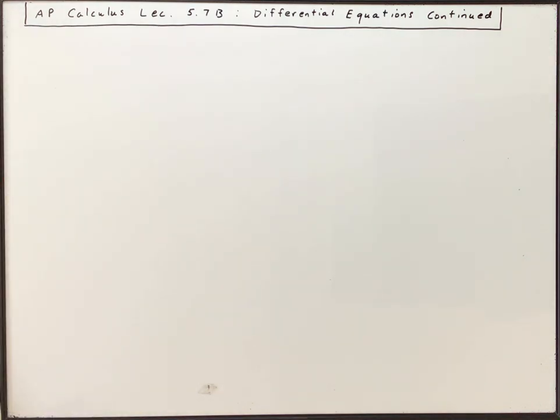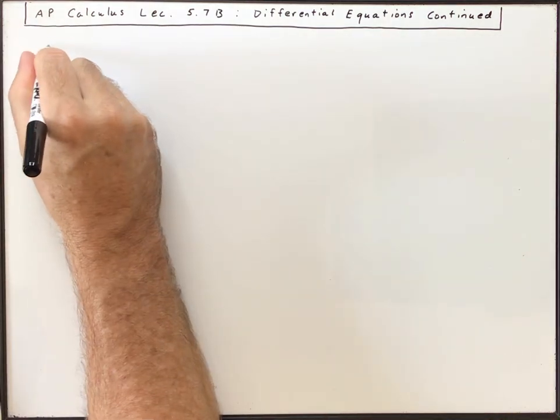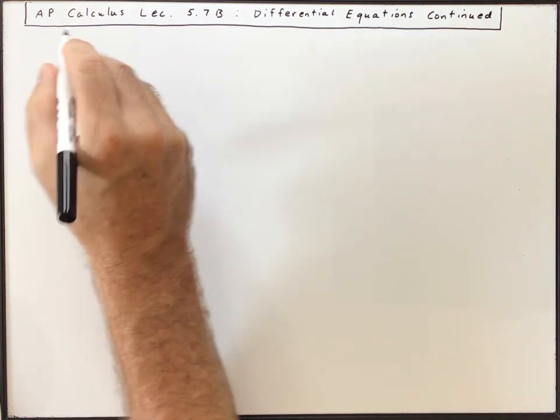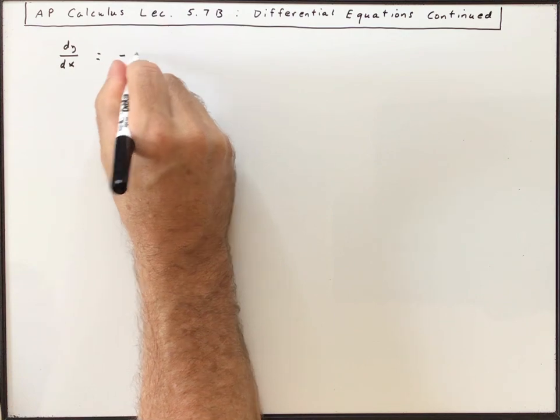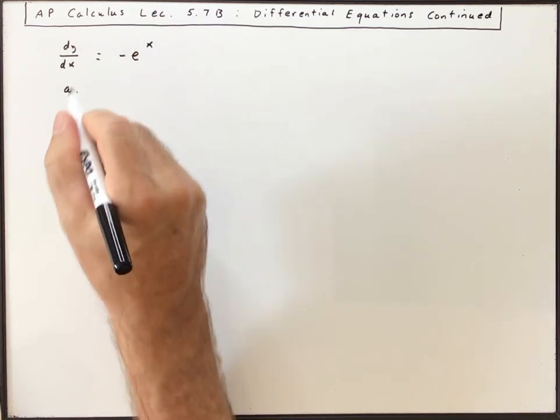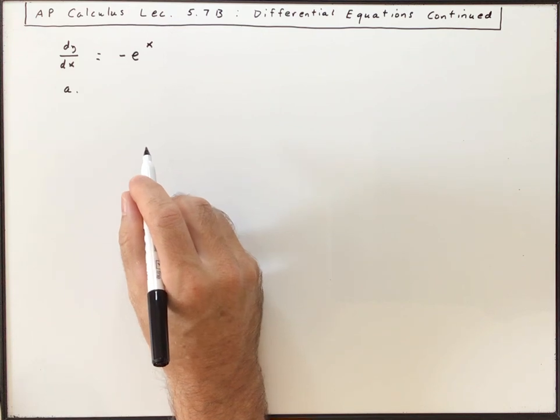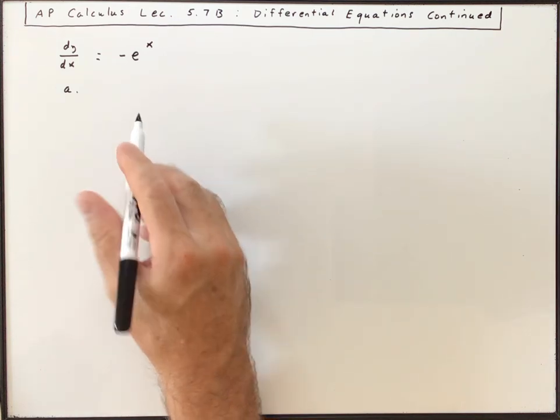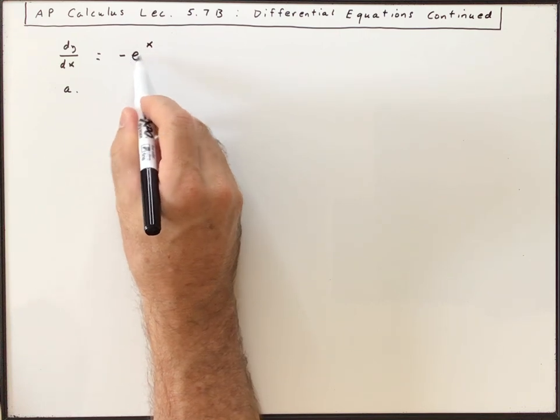So what you're going to want to do, so we have dy/dx equals negative e to the x. You want to take the derivative with respect to x of each of our options and see which one doesn't match negative e to the x.